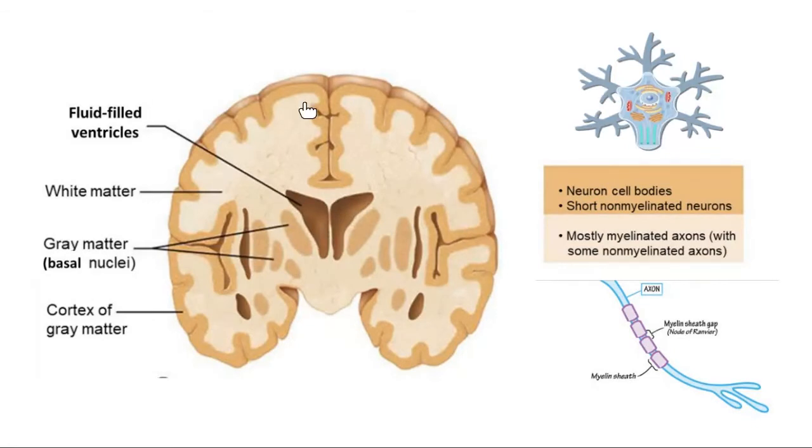So the brain has what's called gray matter on the outside and white matter on the inside. When we talked about the spinal cord, was there gray matter or white matter on the outside of the spinal cord? Where was the white matter in the spinal cord? The outside or in the middle?